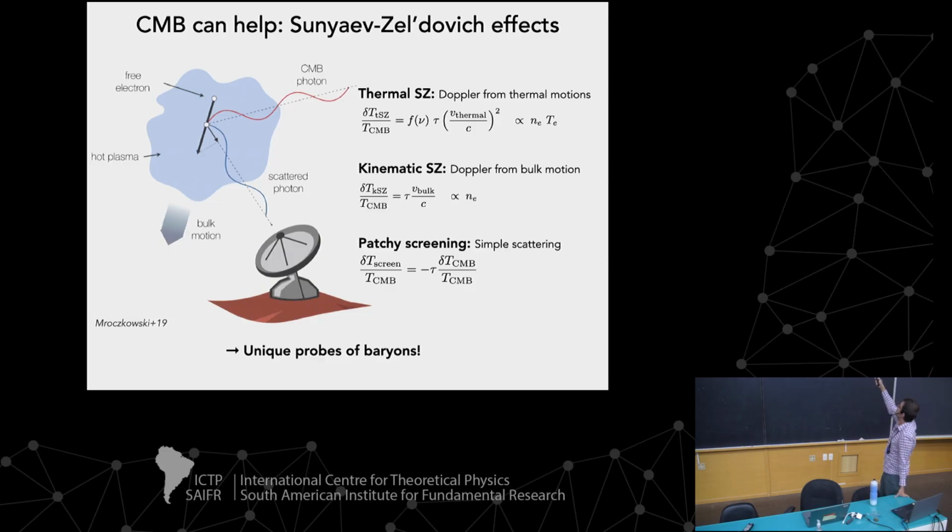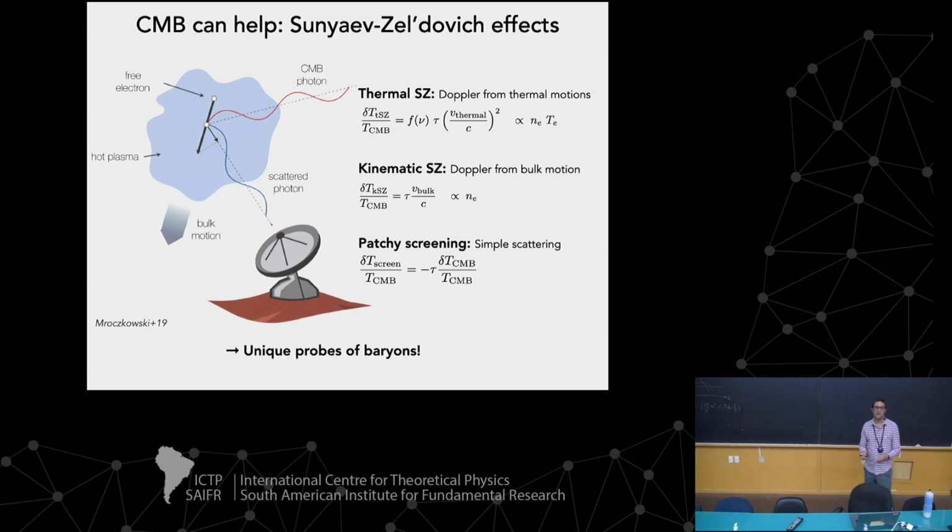So thermal SZ tells you about density times temperature of the gas, and density times temperature is thermal pressure. So if you can measure screening and KSZ and TSZ, you have measured the gas number density and the gas pressure. If you have both at the same time, you can infer the temperature, and so you've learned a lot about the energetics of that gas.